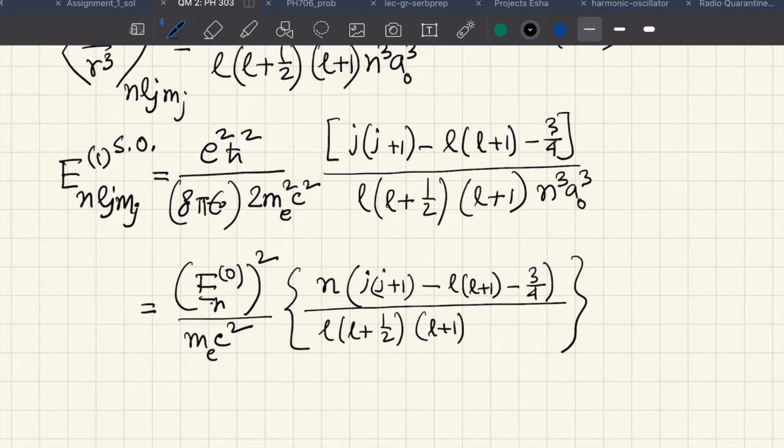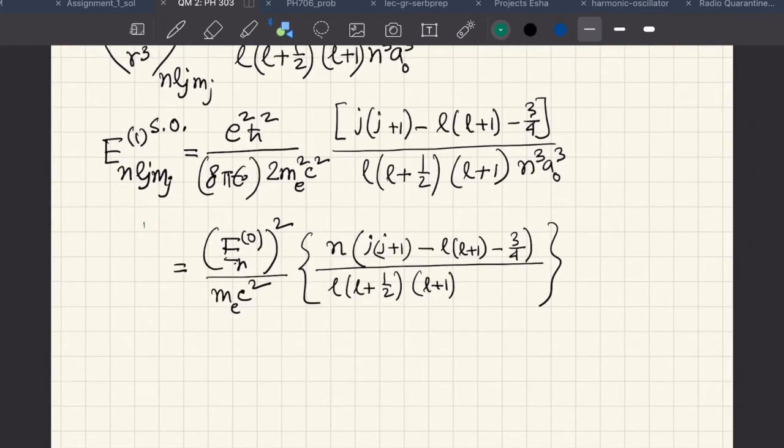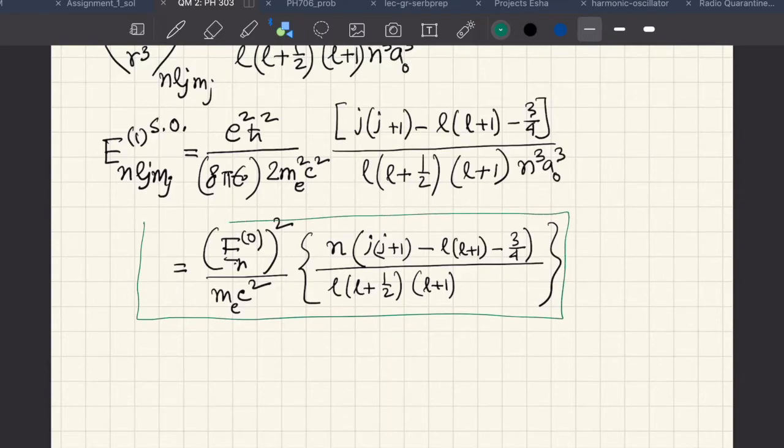So this is the expression for the first order correction due to spin orbit coupling.